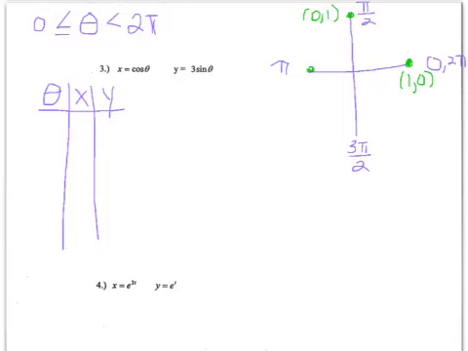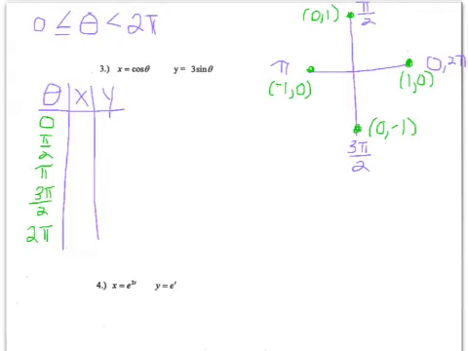The coordinate at pi is (-1, 0). And the coordinate at 3 pi over 2 is (0, -1). All right, so the values that we're going to plug into our table for theta are 0, pi over 2, pi, 3 pi over 2, and then finishing with 2 pi.